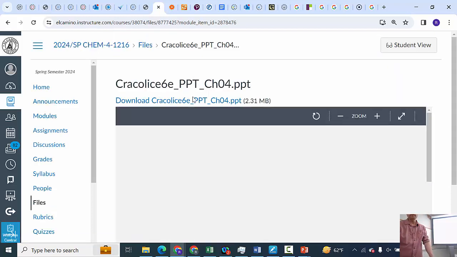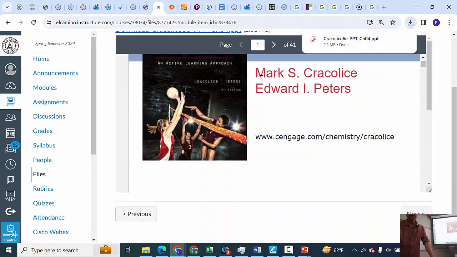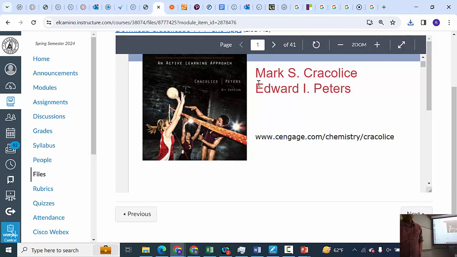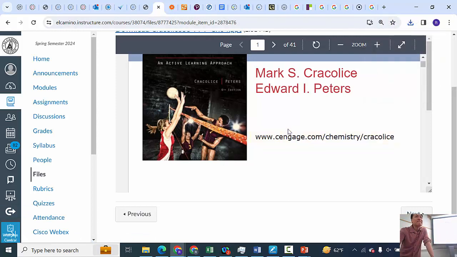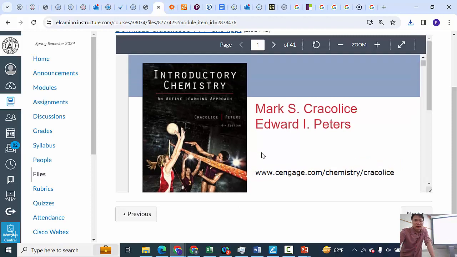So we'll do some more practice with dimensional analysis. There's one other technique to solve problems in chemistry, but let me dig into this first.